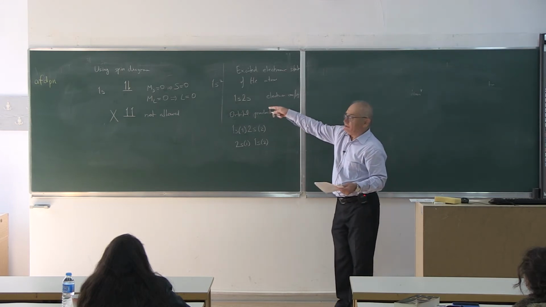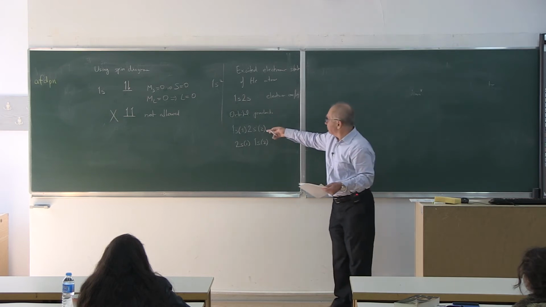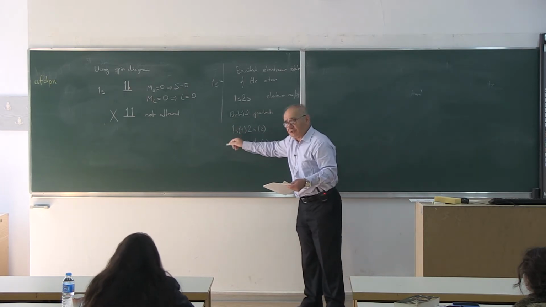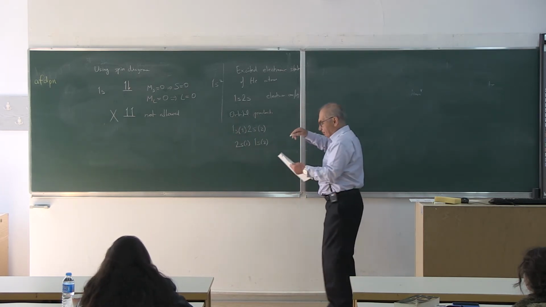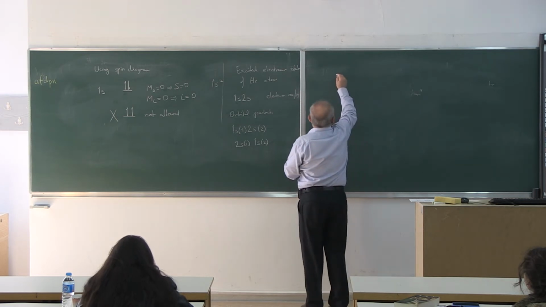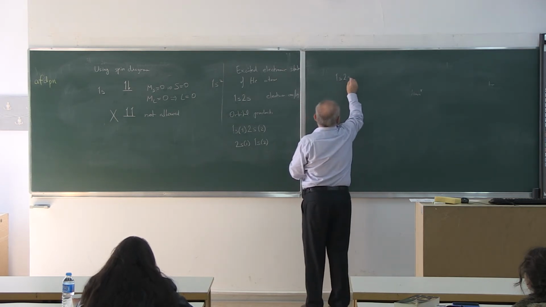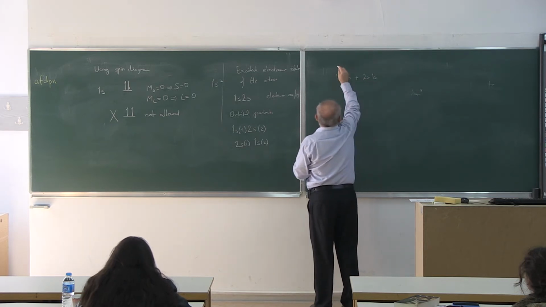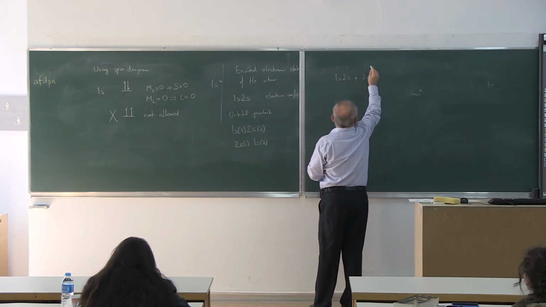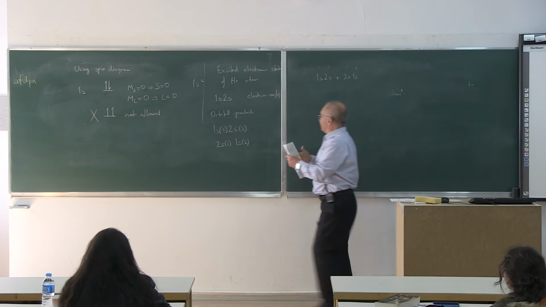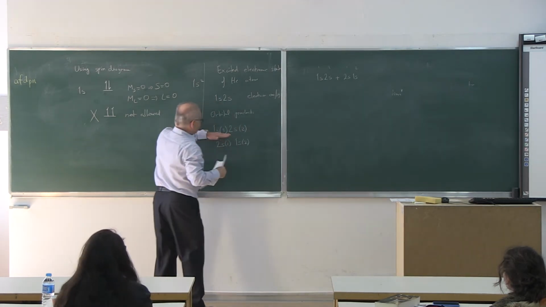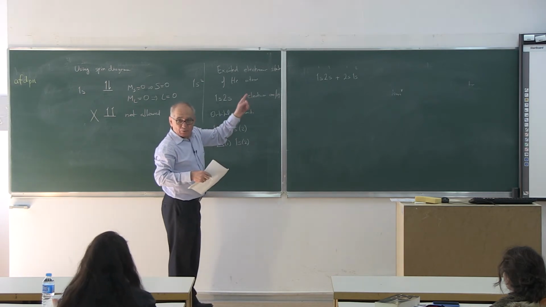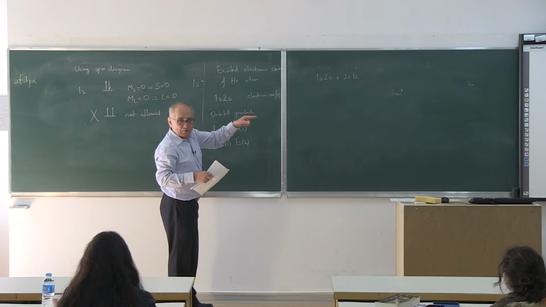Similar to what we did with the spin functions, we combine this product with that product with a suitable coefficient, so that we have 1s times 2s plus 2s times 1s. Here the electron labels are 1, 2, and 1, 2. I have omitted the parentheses here, but in the order of the orbitals from left to right, the first factor contains the electron 1 label, the second factor contains the electron 2 label.